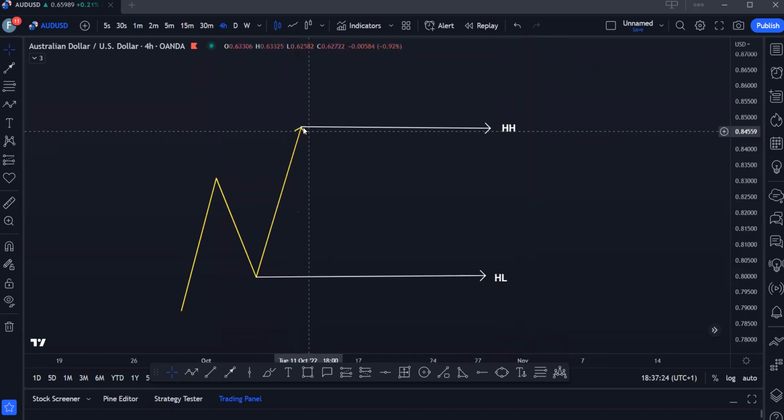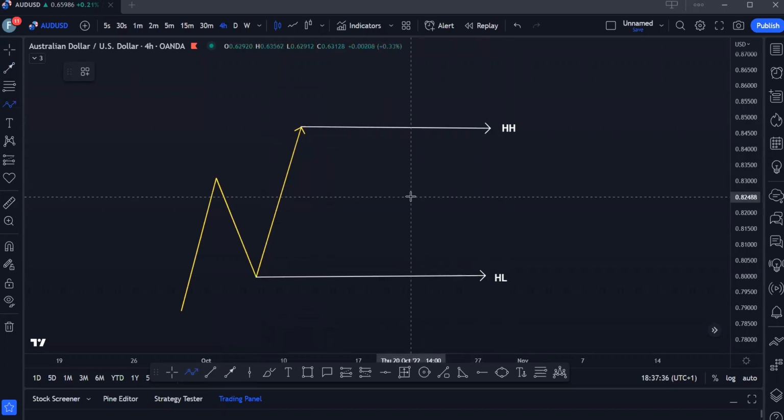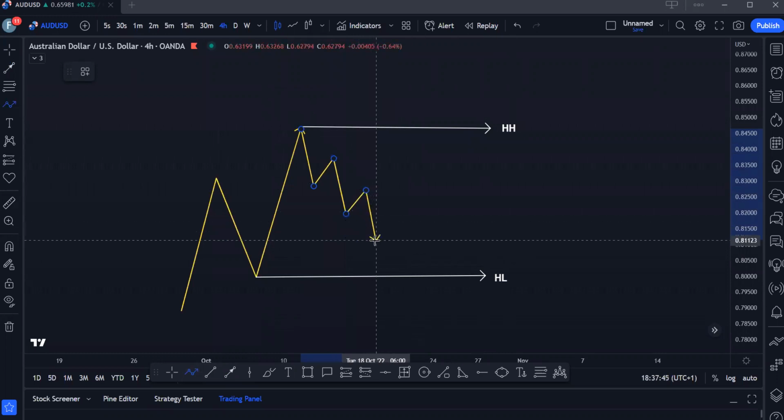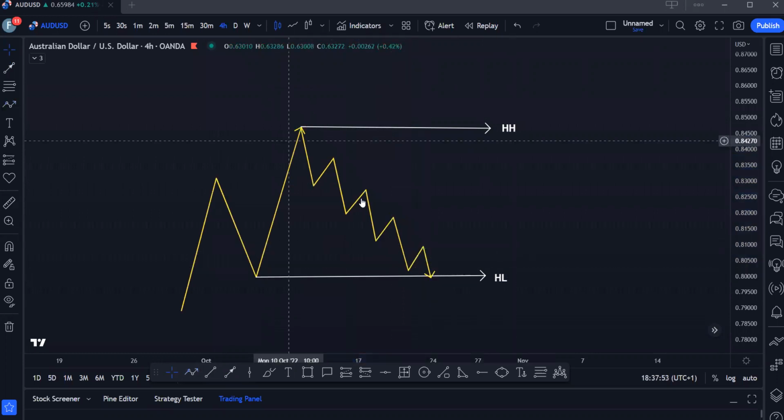Any structure between a higher high and a higher low is called a minor structure. So you might have something like this. This right here is a minor structure. This right here is a minor structure. Any kind of structure, on a fractal level, between higher highs and higher lows is called a minor structure.